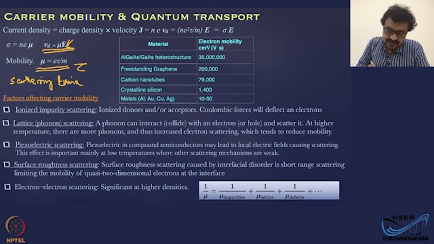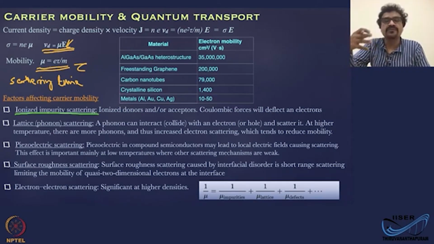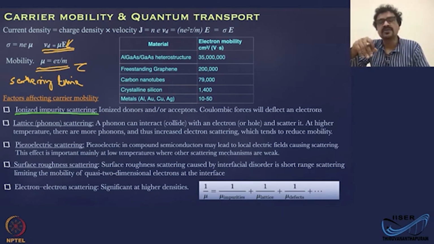So ionized impurity scattering. You will have impurity in the material in the form of dopants, such as donors or acceptors, or some of the impurities which already got incorporated during the growth.